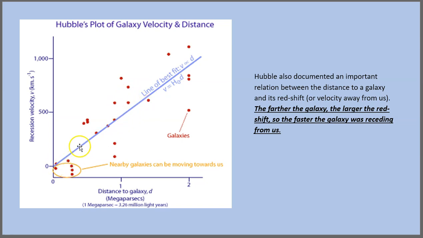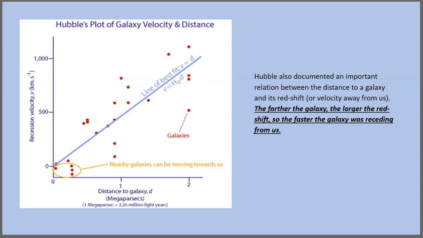And so what you see is the line goes up and to the right, which means the farther the galaxy, the larger the redshift, so the faster the galaxy was moving away from us. So evidently, the galaxies in our universe were in motion, and there was a pattern to the motion.